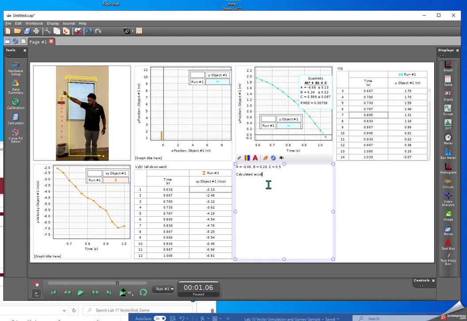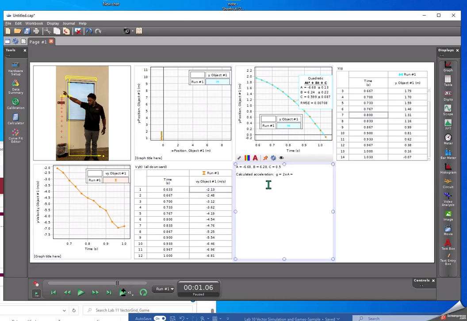So the calculated acceleration, as we say in the lab, is G equals, in this case, 2 times, I use X for the multiplication, okay? Hopefully you don't mind.